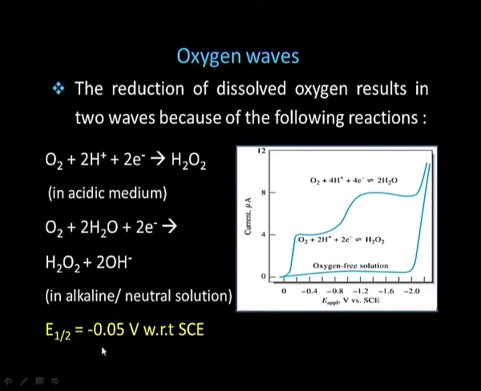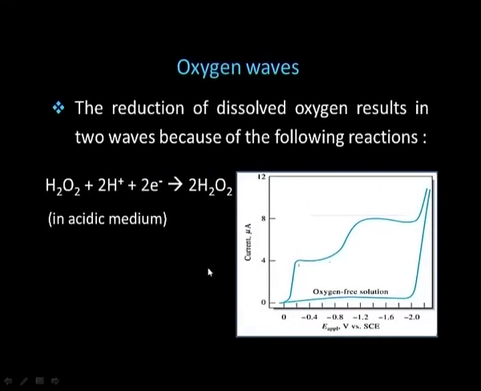The E half in the acidic medium is minus 0.05 volt with respect to the saturated calomel electrode. So, you can see here around minus 0.05 volt we have the first wave.